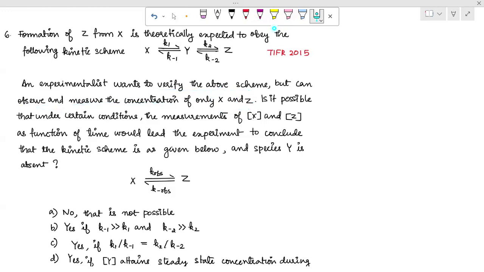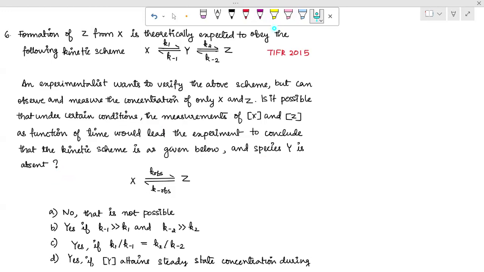So whoever is measuring the reaction is capable of measuring the concentrations of X and Z only. Is it possible that under certain conditions, the measurements of the concentration of X and Z as a function of time would lead to an experiment to conclude that the kinetic scheme is as given below? That is, X is reversibly becoming Z, Y species is absent. It's like Y species is not even there.